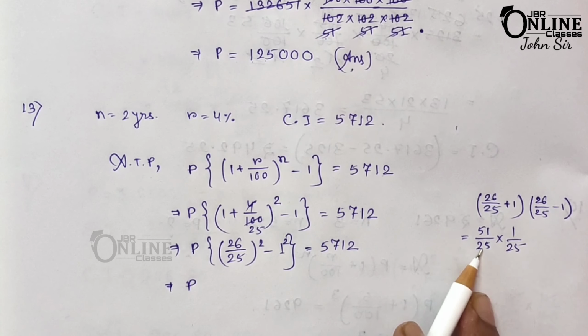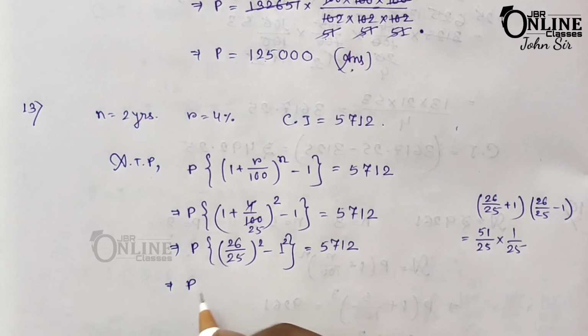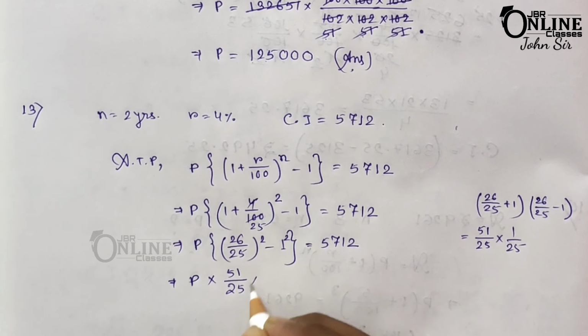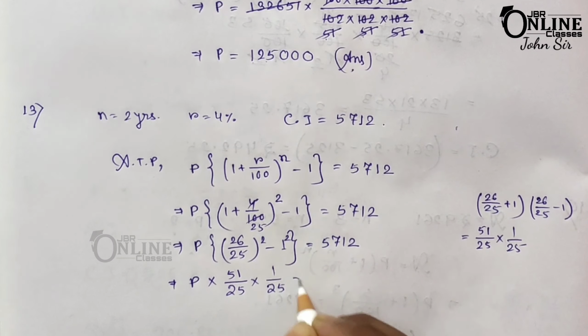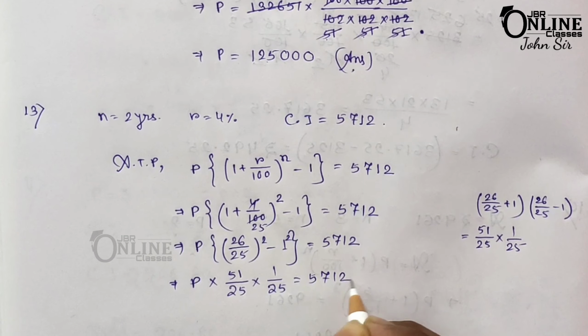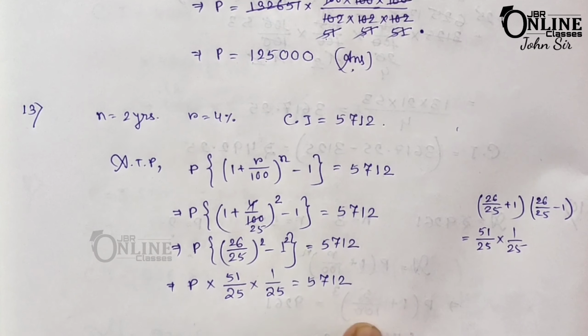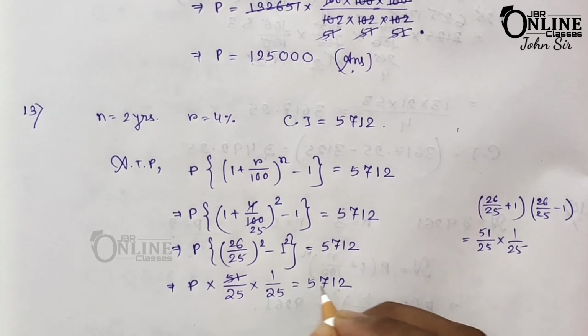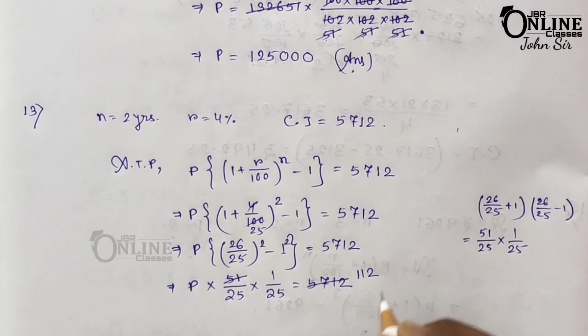So 51 by 25 into 1 by 25. That means here 51 by 25 into 1 by 25 equals 5712. Clear? Now if you divide 5712 by 51, you will get 112.